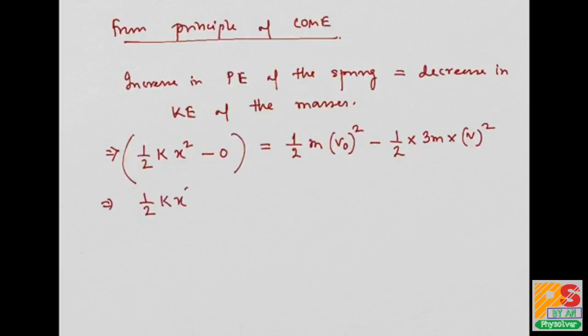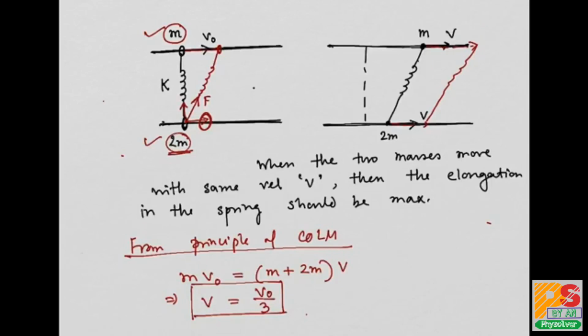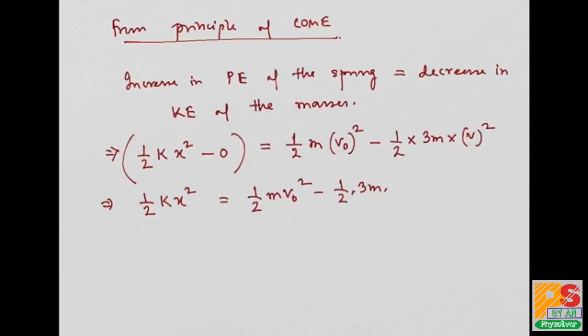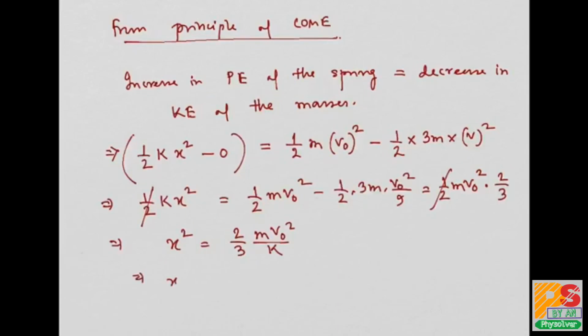So half k x square equals half m v naught square minus half 3m v square, where v is v naught by 3, so this is v naught square by 9, therefore I get half m v naught square into 1 minus 1 by 3, that is 2 by 3. Therefore x square is 2 by 3 m v naught square by k, so x will be root over of 2 by 3 m by k into v naught.